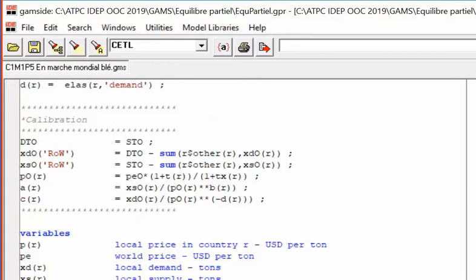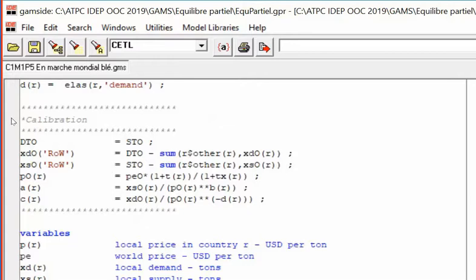At the end of the calibration, I must be sure that when I have initialized all variables at their initial values, all the equations will be strictly respected, that is to say, the left-hand side is equal to the right-hand side. Is it the case here? Yes, because with these last two equations, I know that the supply function and demand function equations will be respected.